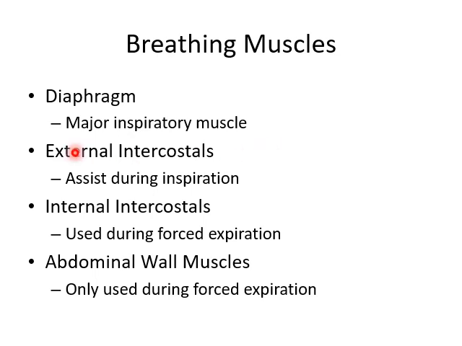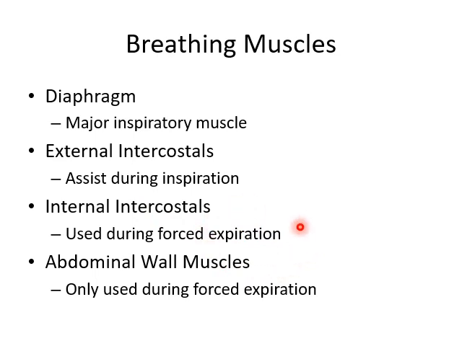You have the external intercostals. They assist in moving the ribs and bringing air into the body, trying to open up the ribs, increase the space, and bring air in. The internal intercostals are used for forced expiration. Expiration in this case means breathing out.